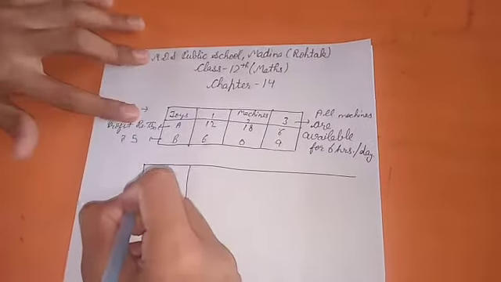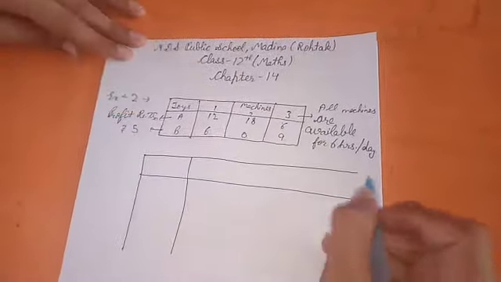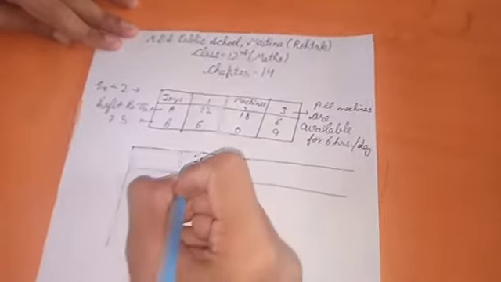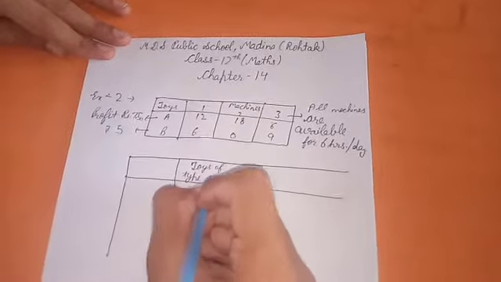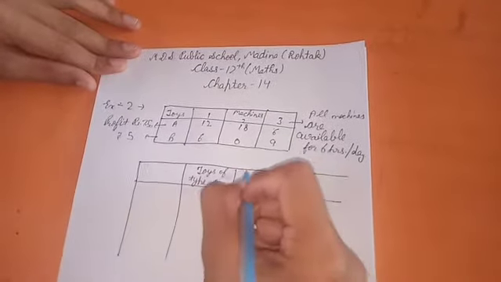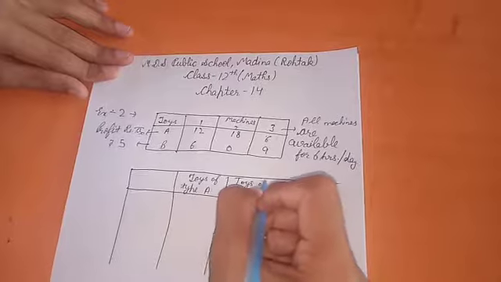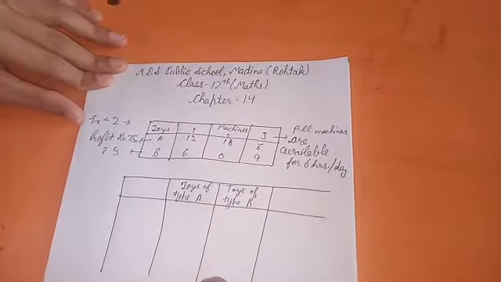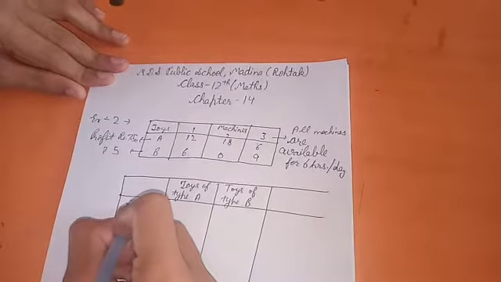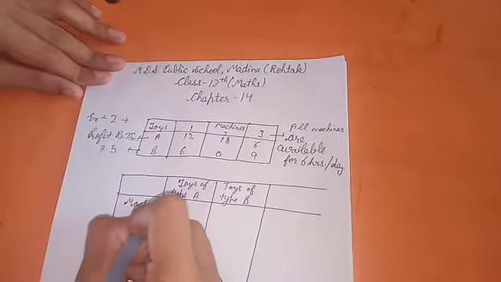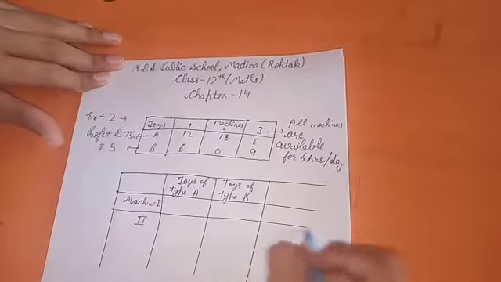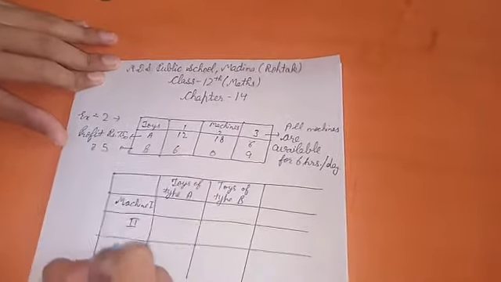Here toys of type A, toys of type B. Okay, here machine 1, 2 and then 3.